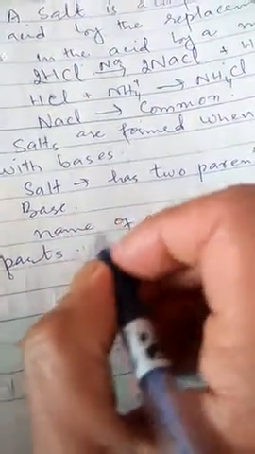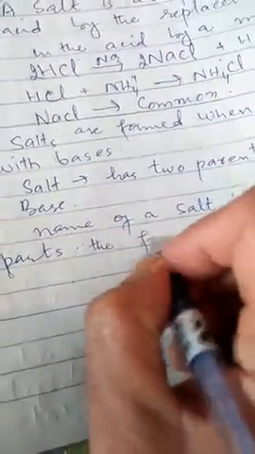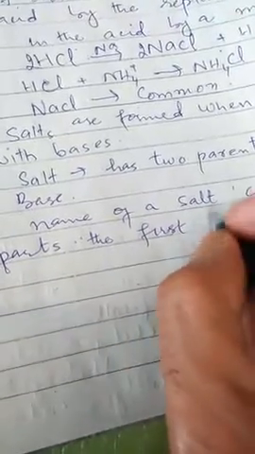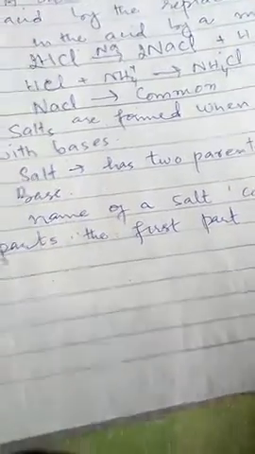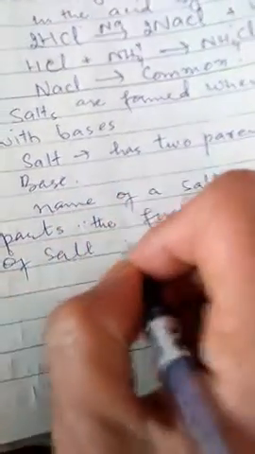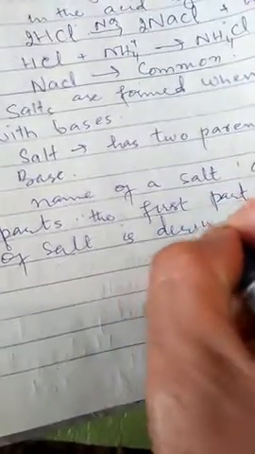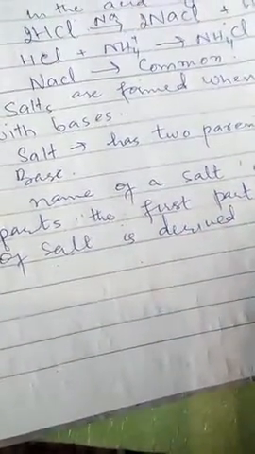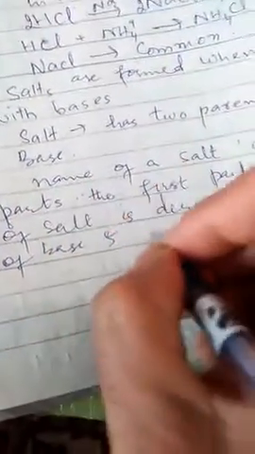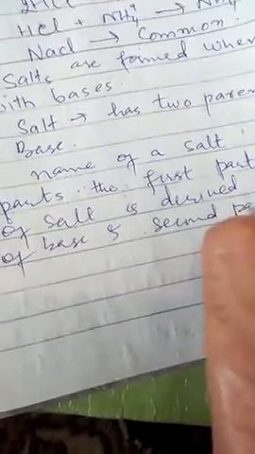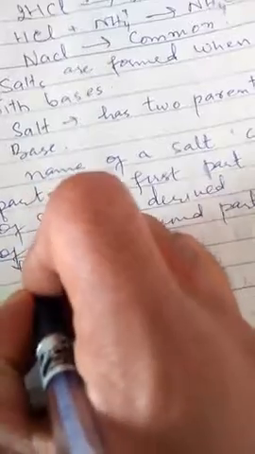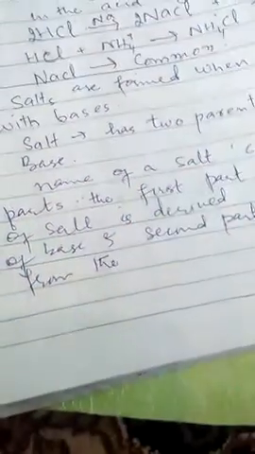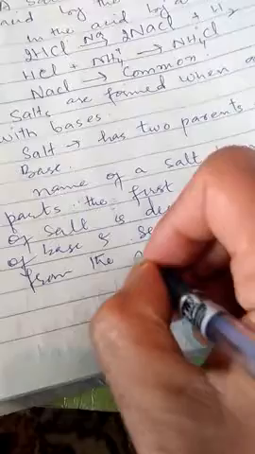The first part of the name of a salt is derived from the name of the base, and the second part is derived from the acid.